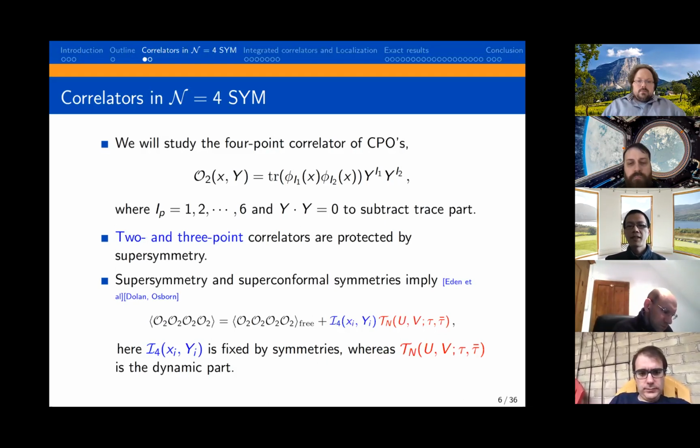For the remaining part, it turns out the symmetry of the theory can decompose this into a factor which I call I, completely fixed by symmetry, and the rest, which I call the dynamical part. This is the one people have studied. For those familiar with amplitudes, this prefactor I is more or less like delta of Q. Anyway, there is some factor you can factor out due to the symmetry, and we will just study the remaining part. This is often called the partial non-renormalization theorem.